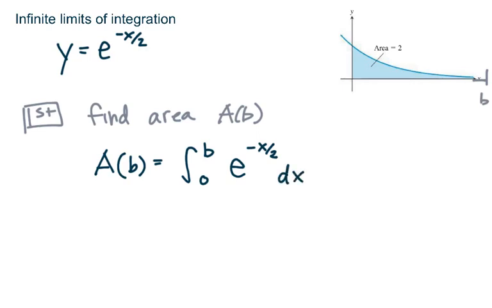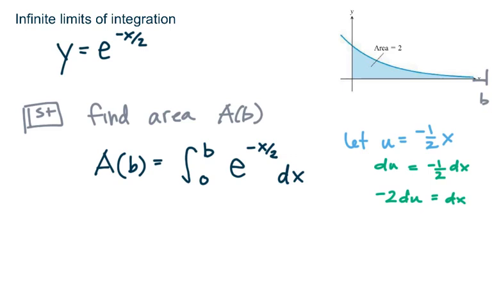In order for us to integrate this, we do a u substitution. I'm going to let u equal negative 1/2 x. du is going to equal negative 1/2 dx, or rather negative 2 du equals dx.